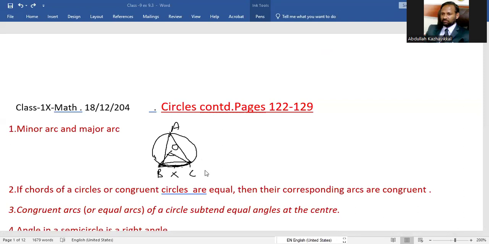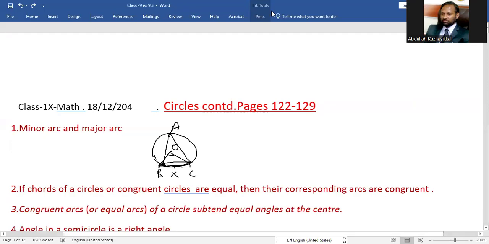If chords of a circle or congruent circles are equal, then their corresponding arcs are congruent. If chords are equal, what does it tell you? Look here. One circle is here, and one chord is here.